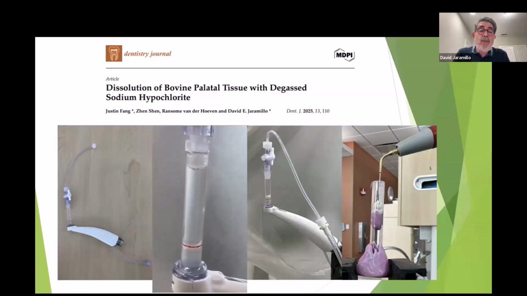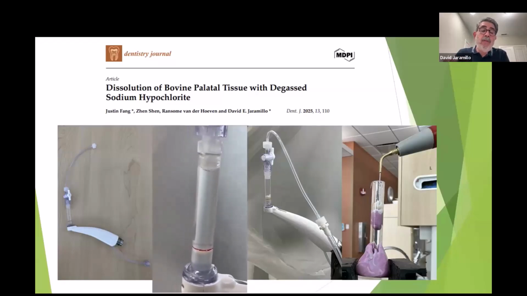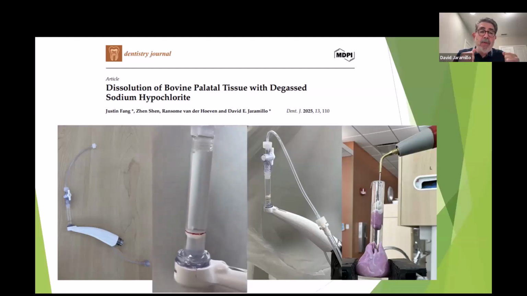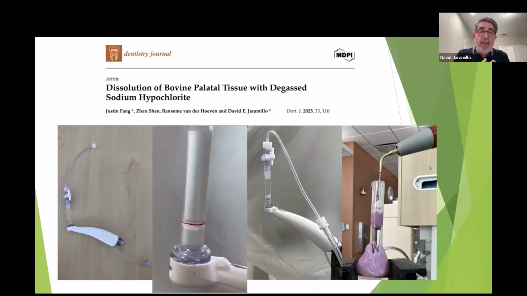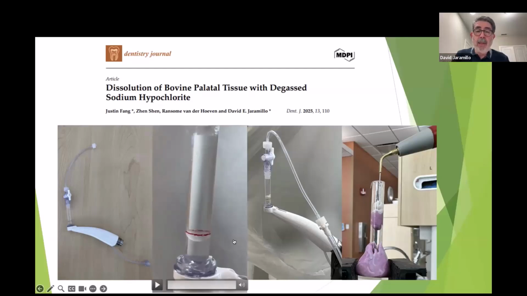While when we have streaming, those bubbles might interfere with the rest of the solution to touch or go into certain areas. At the same time, when the bubbles are being produced and they cushion among themselves, that could also be not what we expected. So here, after a minute, more or less, we can see that basically the tissue is gone.